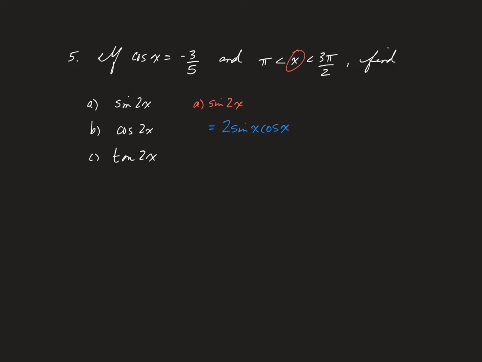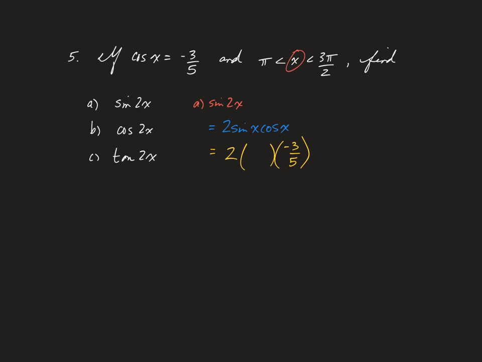So right off the bat then, I know that I've got 2. I don't know what sine x is, but I do know that cos x is negative 3/5. So if I could come up with the value of sine x, then I could find the value of the problem. Okay, some of us aren't even stumbling at this point because they can already see where we're going to go with this.